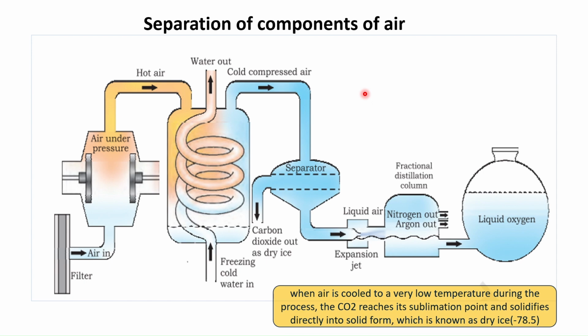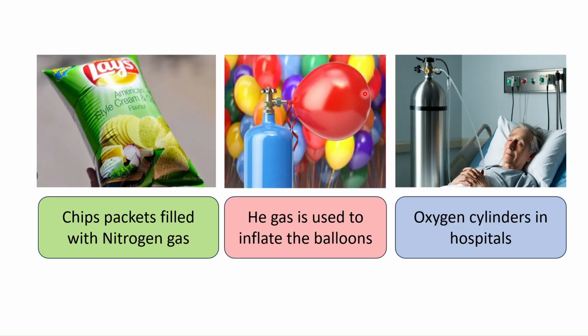Okay, we have learned this, but where do you see it in domestic life? Check this one. Even though every gas has tremendous applications in both domestic and industrial settings, I just picked a few to make you understand easily. On chips packets, you'll see nitrogen gas cylinders, helium cylinders and oxygen cylinders all over, right?